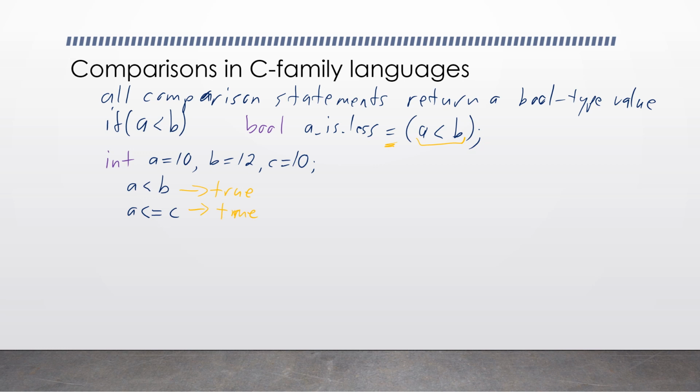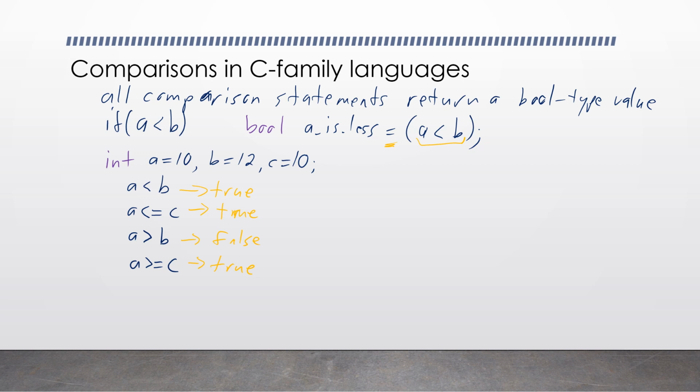And we can do the same stuff with greater thans. A greater than B: A is less than B, so of course this would return a false value. And then we've got A greater than or equal to C. Again, A equals C, so this returns a true.